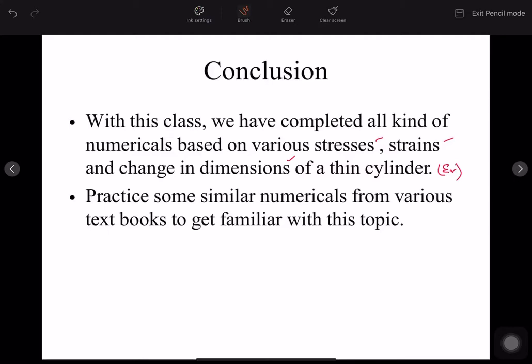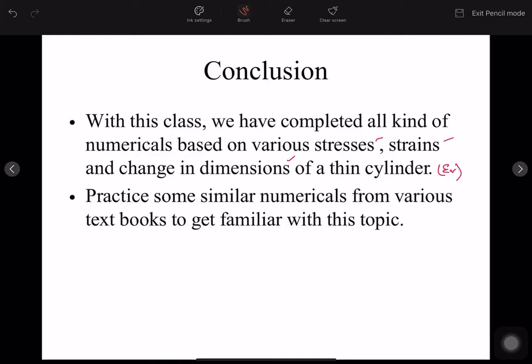I mean to say, in which condition, what kind of concept we need to use, and how we need to correlate the things. Such things will be clearer for you if you solve some more numericals on the particular topic.